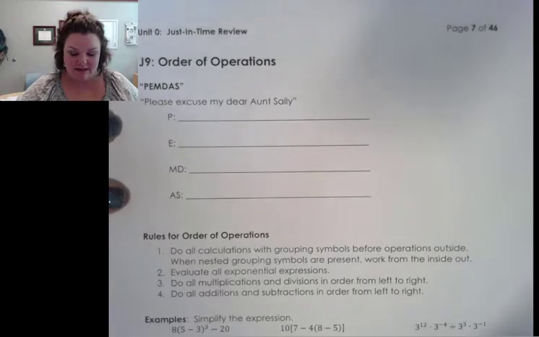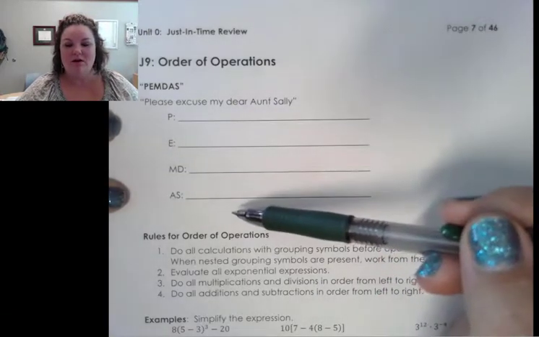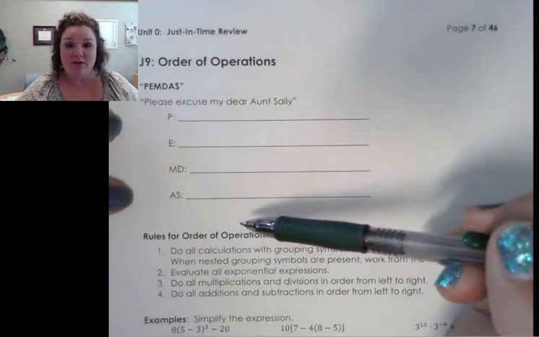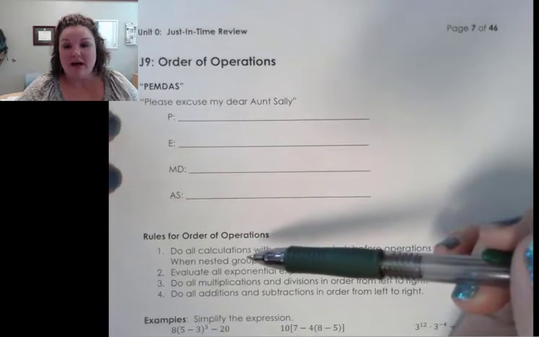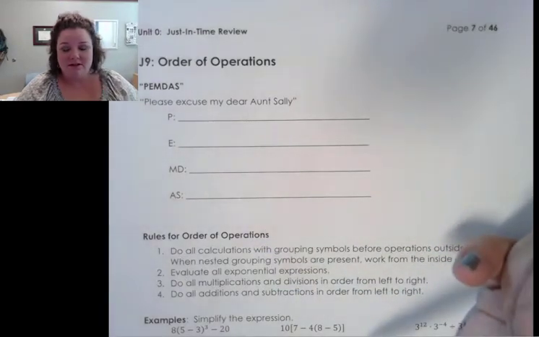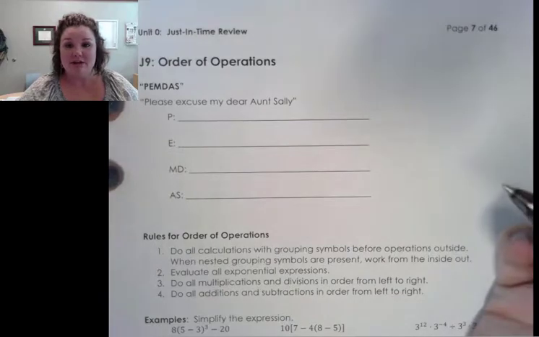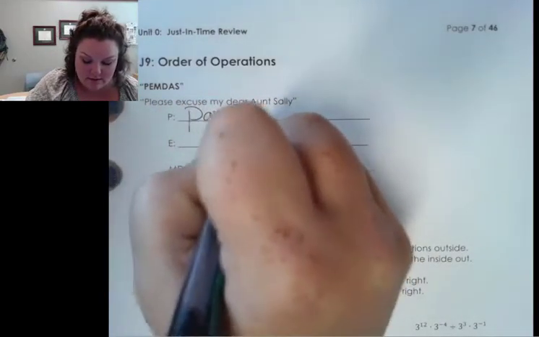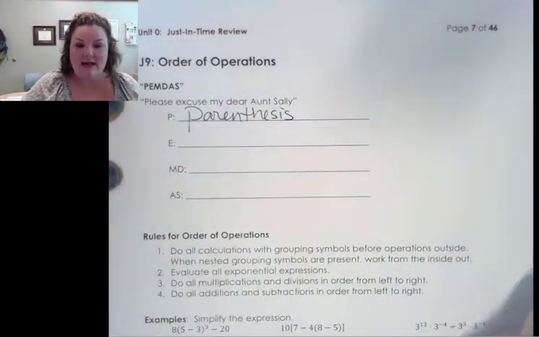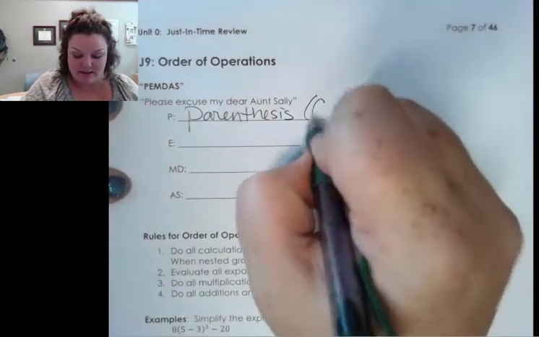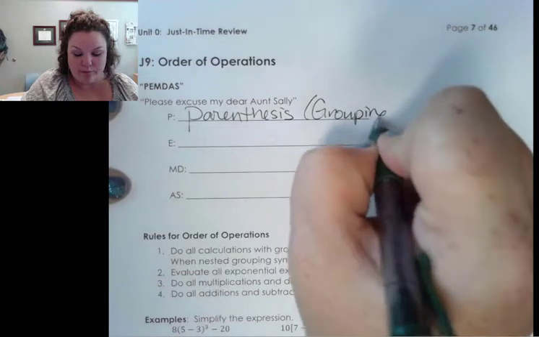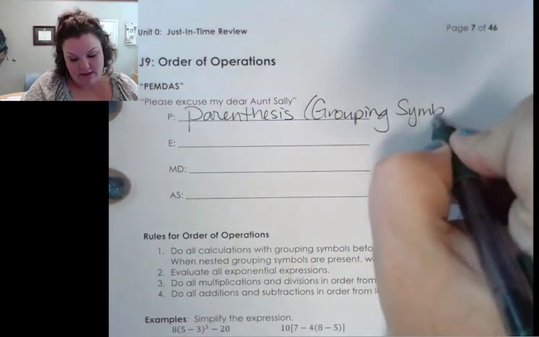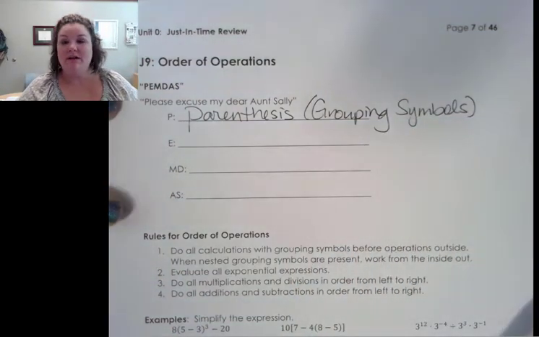But what it is, it gives us a listing for the different steps that we do in order to simplify a collection of different operations, right? So our P stands for parentheses, and really what parentheses is representing is any grouping symbols, okay? So it may be parentheses, but it could be something else.